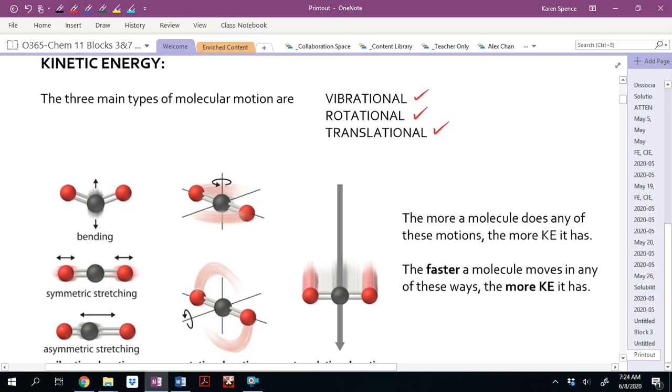So by vibrational, what you're going to have is you could have a molecule, say like water. There we have, or actually I think that one's carbon dioxide. And it might sort of wibble wobble back and forth between two different forms.